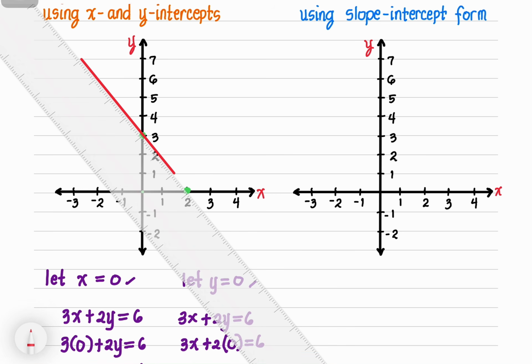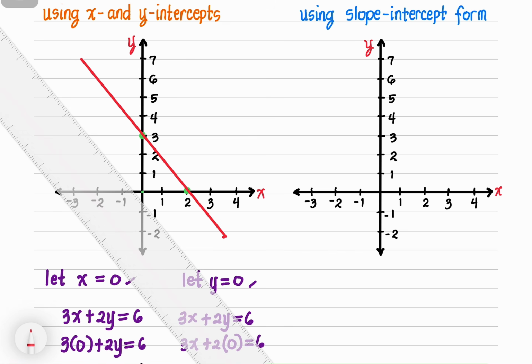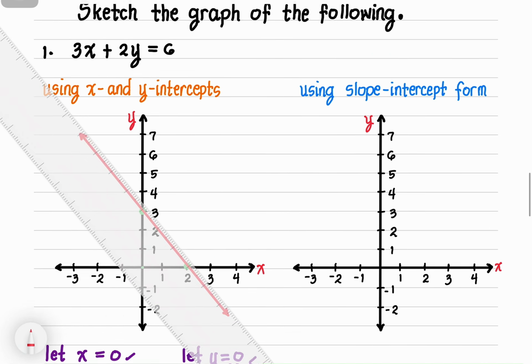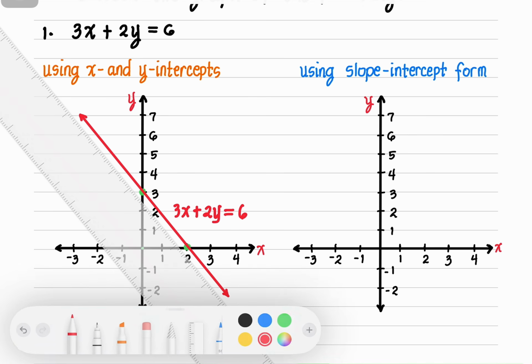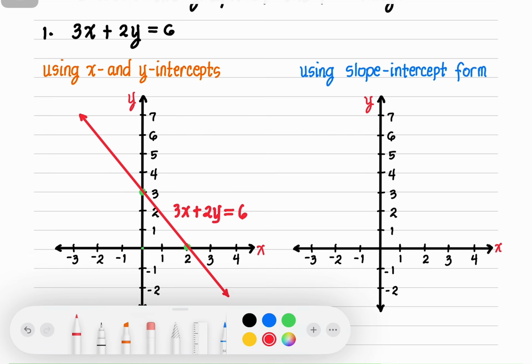So, this is the graph of 3x plus 2y equals 6. Naintindihan? Ganun lang kasimple mag-graph using x and y-intercept.